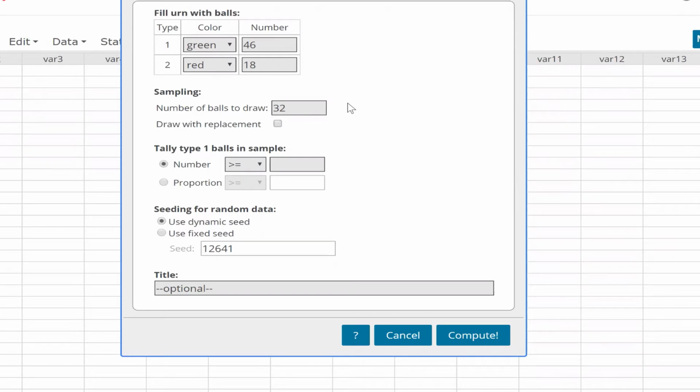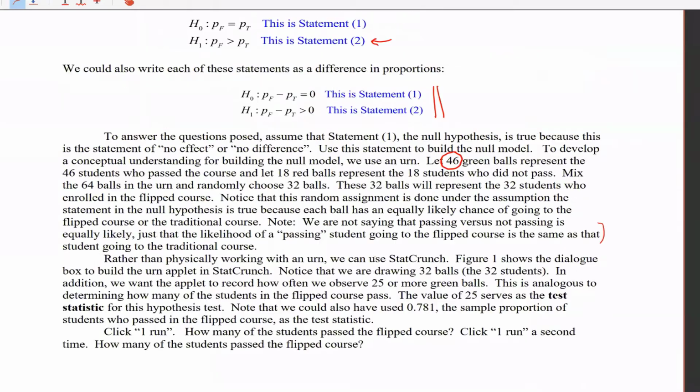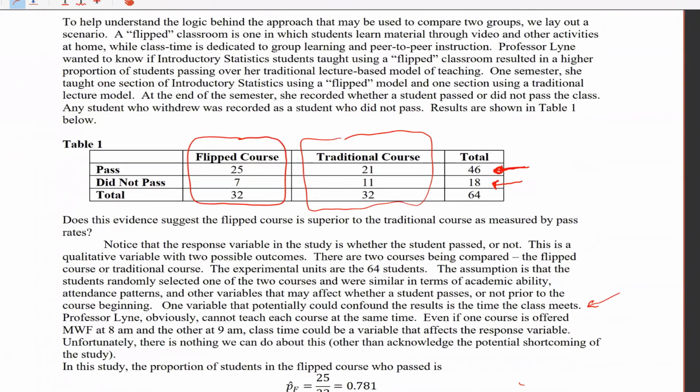And then here, under number, we're going to say number greater than or equal to 25. Why? Because if you recall way back here, 25 is the observed number of students in the flipped classroom who passed. So we're ultimately going to want to see how often do I see results as extreme or more extreme than those actually observed.